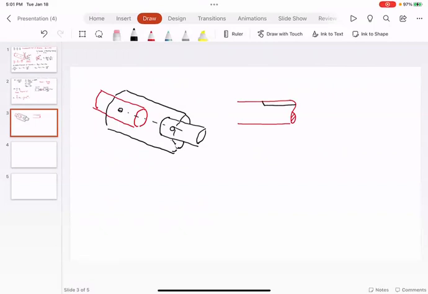You cut a keyway. In this keyway, you have a key. And then basically, this is the sleeve.